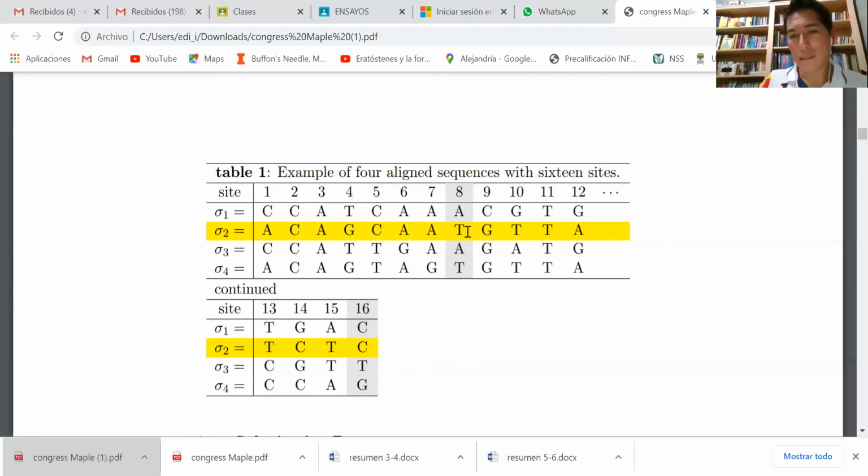Okay, let's see this site 8 and consider substitutions from lineage 2 to the rest of lineages to obtain the rest of characters. For example, we need a substitution from T to A, a substitution from T to A, and a substitution from T to T, okay?